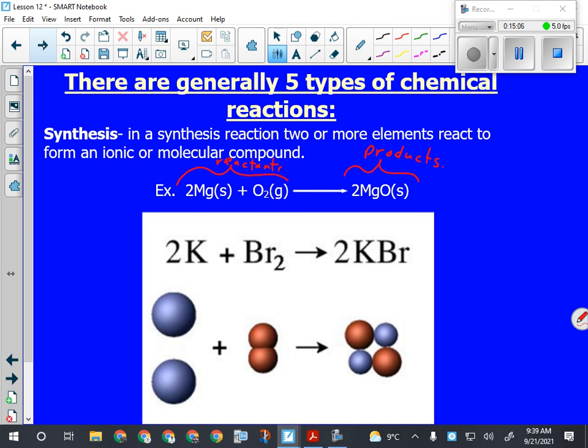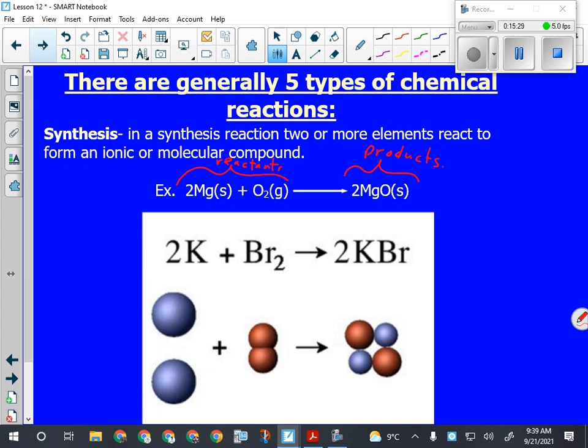But how are they different? Bromine is diatomic, so it's bonded to itself. Exactly. Bromine is one of our special molecular elements, or diatomic elements. It means that as an element, it doesn't come as single atoms. It comes in a molecule. All bromine atoms, but they're bonded together in sets of 2.